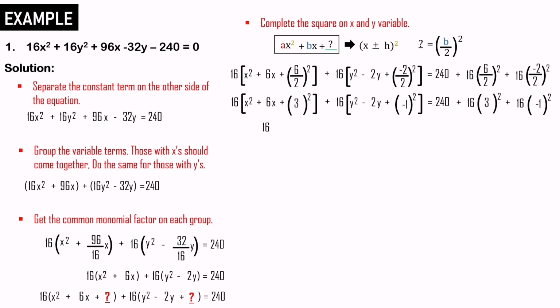Okay, so we have 16 times the quantity x squared plus 6x plus 3 squared kay 9 plus 16 open parenthesis y squared minus 2y plus negative 1 squared is 1 close parenthesis equals 240 plus 16 times 3 squared is 9 close parenthesis plus 16 times negative 1 squared is positive 1.